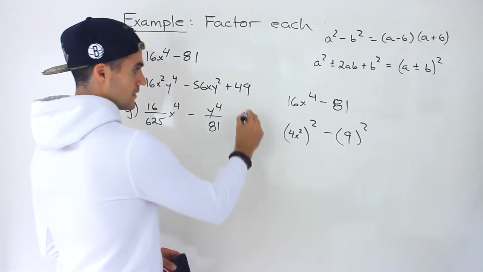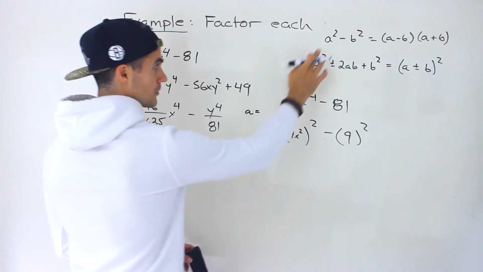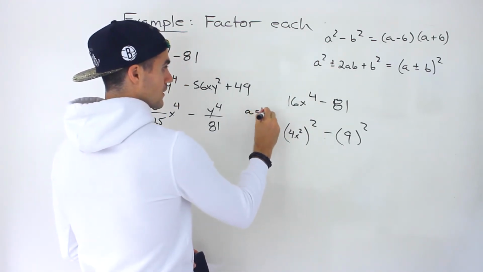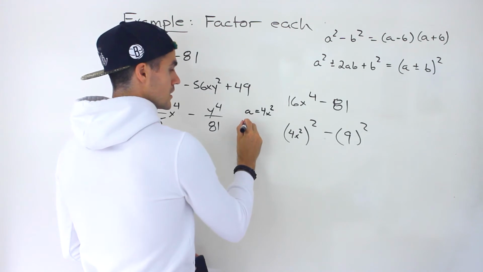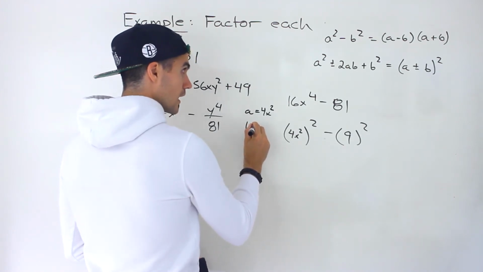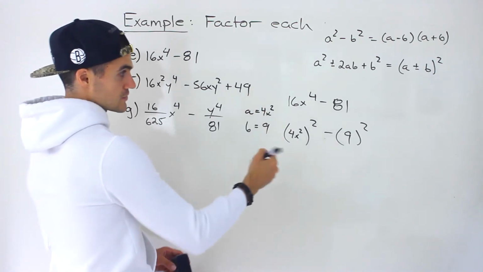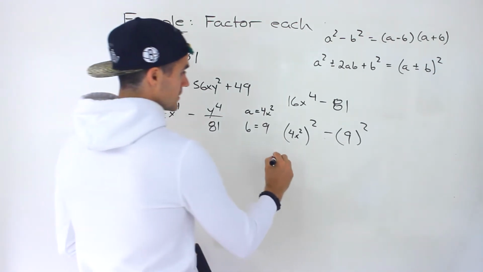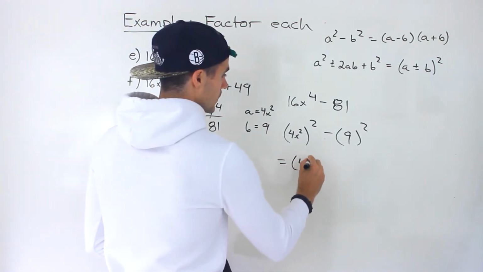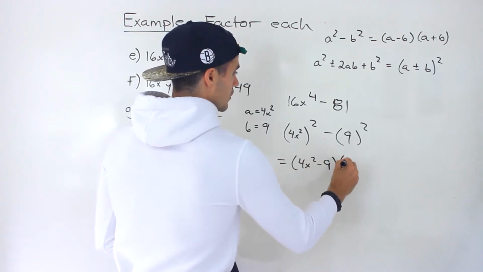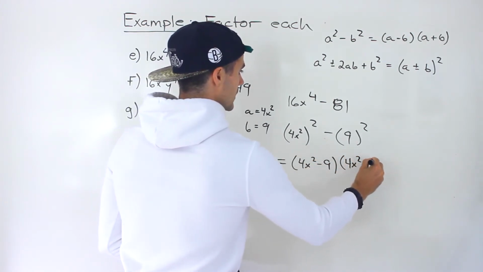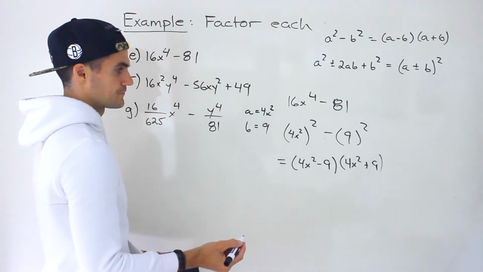Okay, so we could tell here, if we compare it to this formula, the a value is 4x squared, the b value is 9, and that's going to factor into a minus b, a plus b. So we'd end up with 4x squared minus 9, 4x squared plus 9, like that.